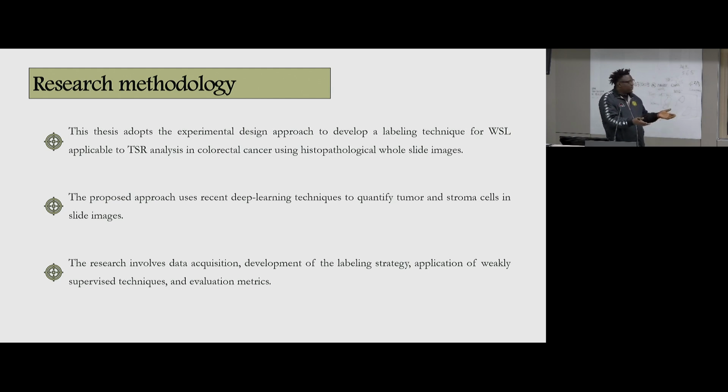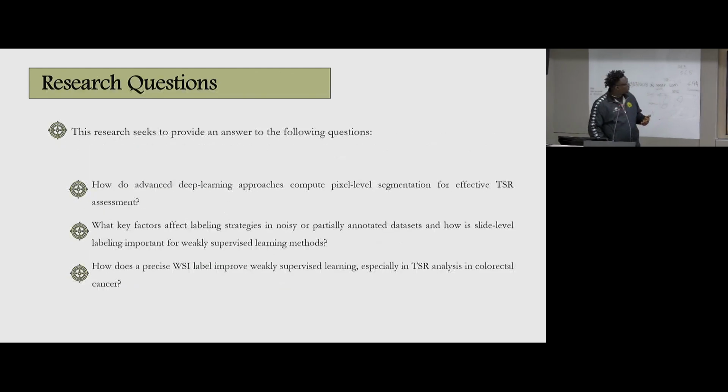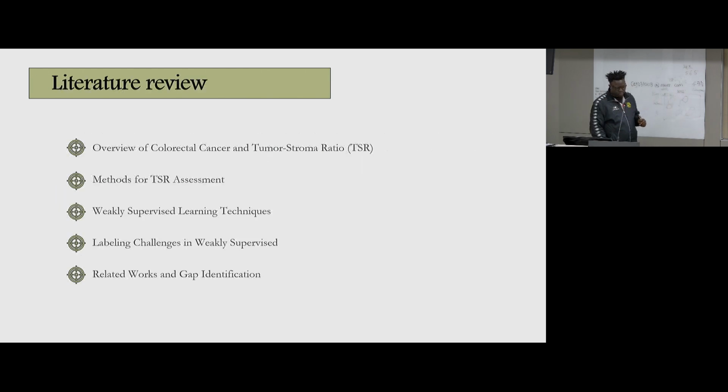By testing in MIL, I will see the labels that the pathologist gave and the ones that I predicted, how are they? Is it better to use mine or his own? Is there effectively a problem? That is why I asked this question here. So I need to know, is there a problem in this slide level labeling? And then I have to answer this one.